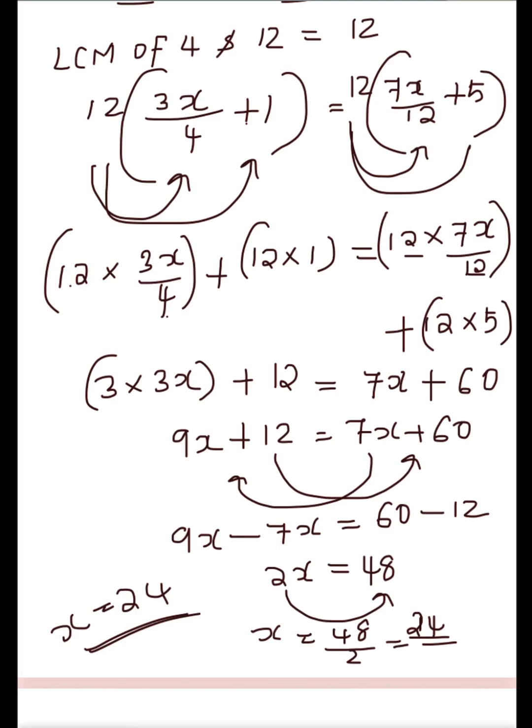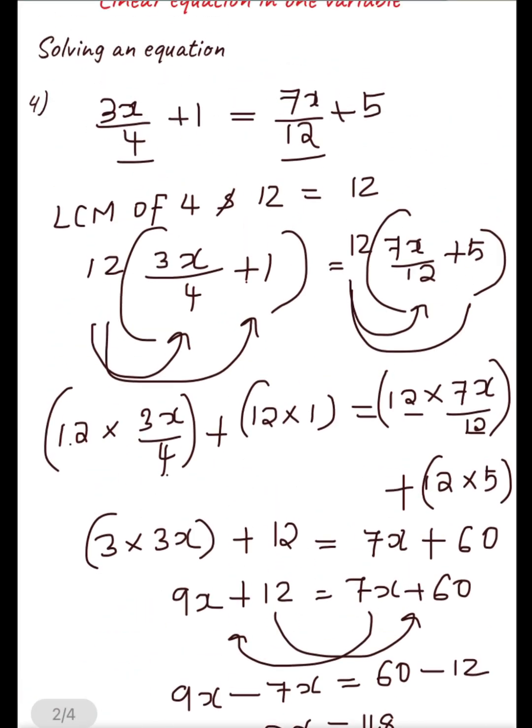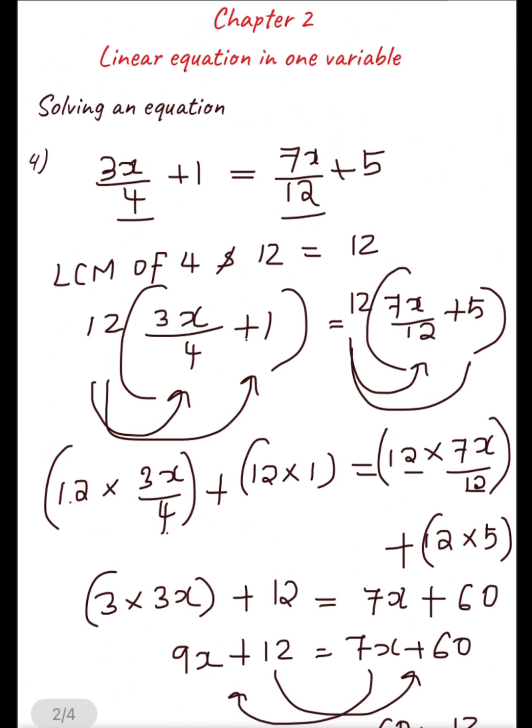So if your equation has two denominators, you have to take the LCM of those numbers, multiply both sides with the LCM, and then do the remaining steps just like solving the other equations.